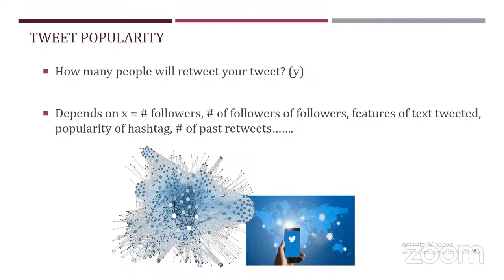For the different users, you are having different kinds of tweets. You're going to use the information of all those tweets, like the account information of the person, like how many followers the person is having, or the features of your tweet, like the hashtag which has been included.